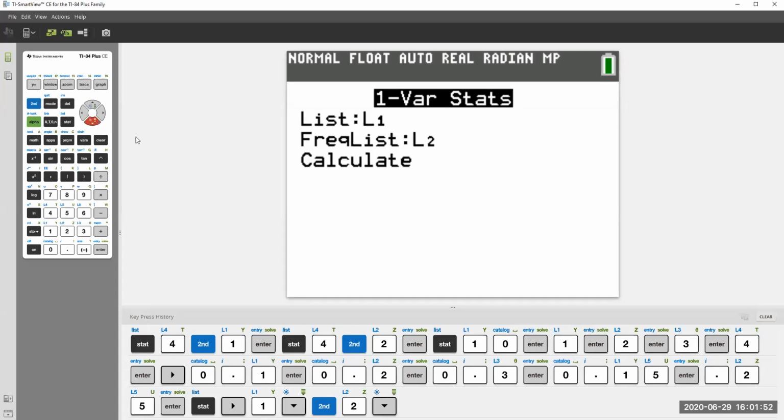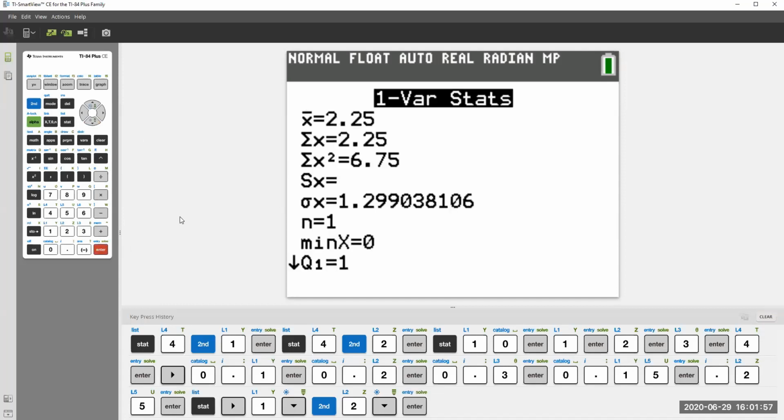And then go down, highlight calculate, and then enter. Okay, look guys, it gives us our values. See here, X bar on the top, 2.25, that's what we got earlier, that's the mean. And then look at sigma X, 1.299, we rounded it to 1.3.